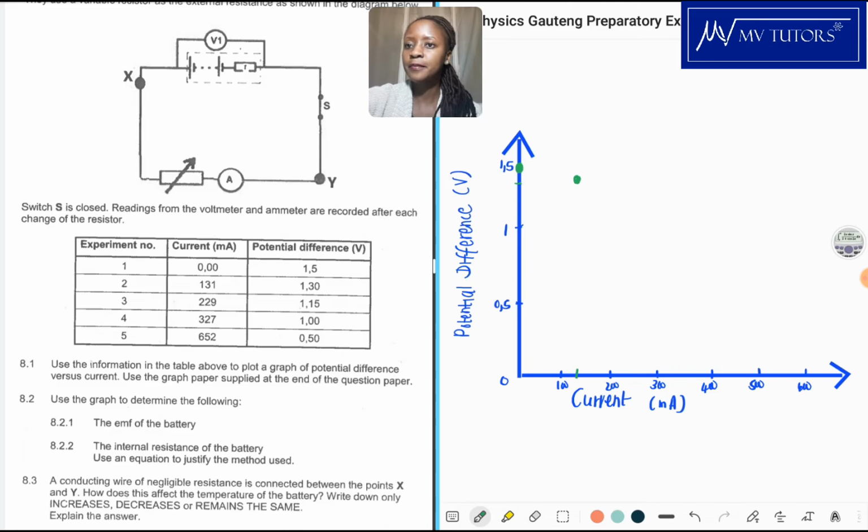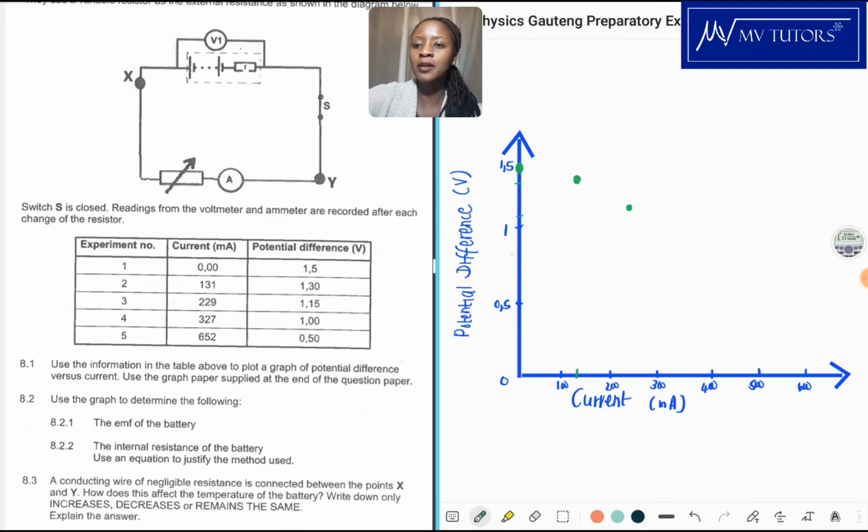1,15, so that's probably somewhere there. And 229, guys, I'm just going to estimate. Then 327 with 1. It's going to be somewhere there.